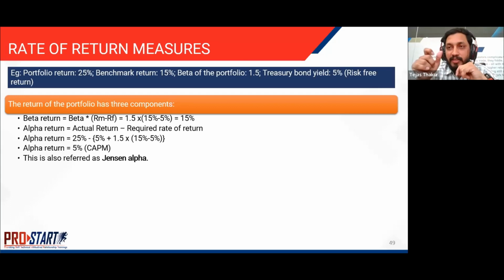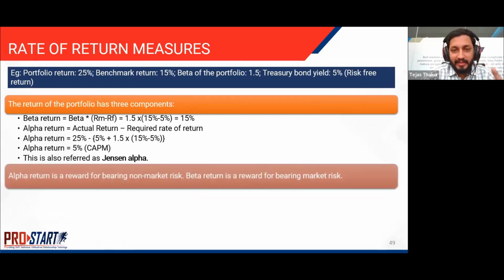Alpha is generally the Jensen's alpha, which utilizes the CAPM formula, the capital asset pricing model, and which determines the excess return the portfolio manager has been able to generate apart from the beta return, which is because of taking a higher risk on the portfolio as well as a risk-free return in the market. So that's more or less what alpha return is.